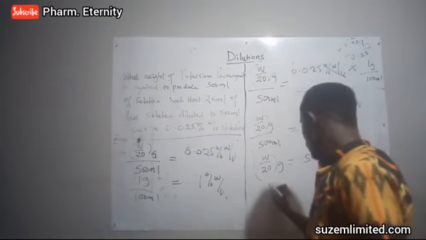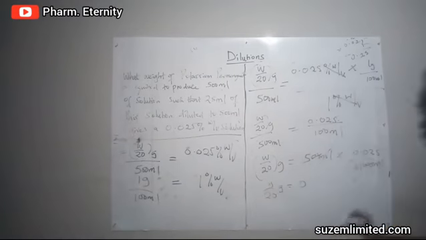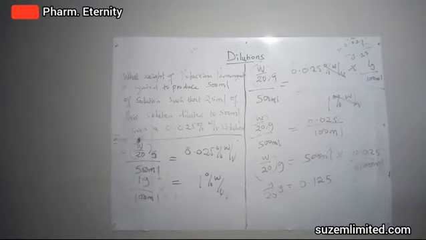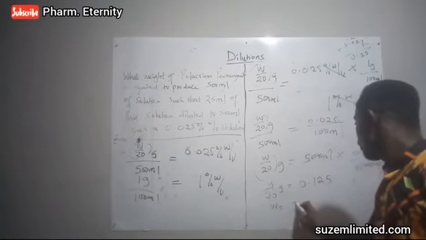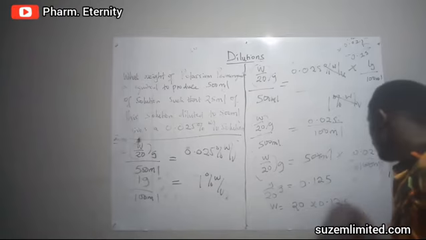So W over 20 gram is 0.125. So what it means is that W is now 20 times 0.125.